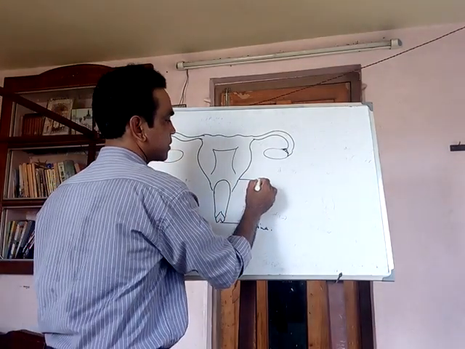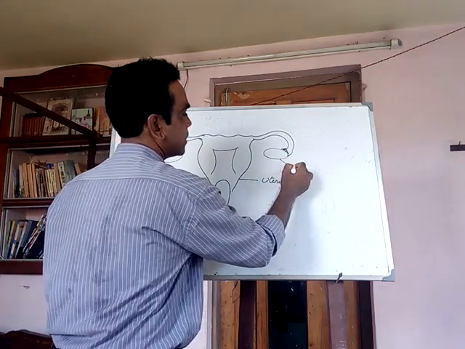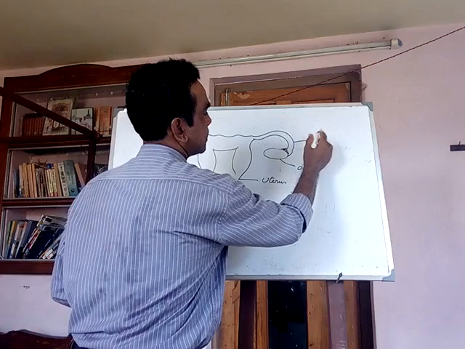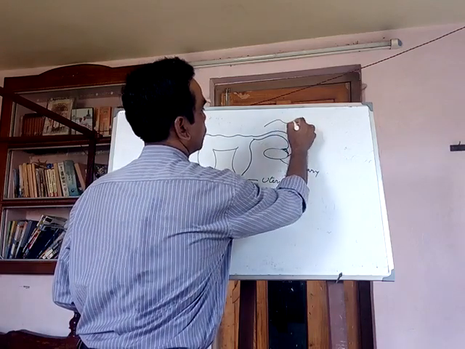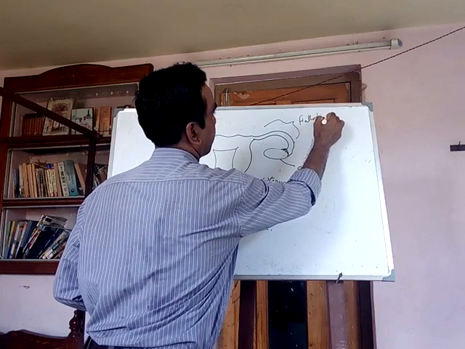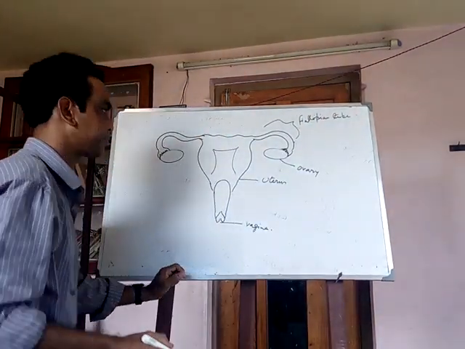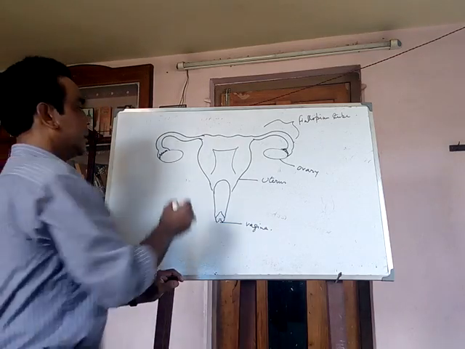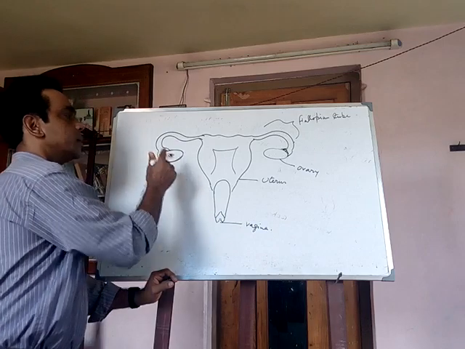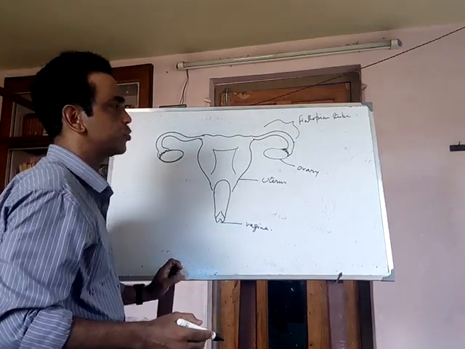That is the uterus, and that is the ovary, and that is the fallopian tube. The ovary is connected with the fallopian tube.